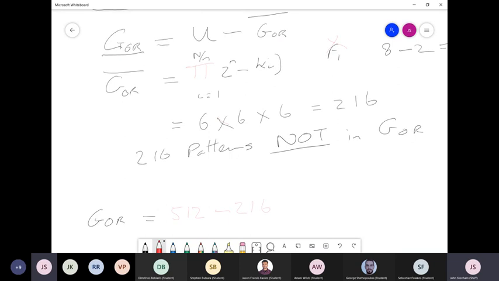And 512 minus 216 is 296, is it? Much larger generalization set. And of course, it's overgeneralizing with that low level. In practice, one would never use t equals 1, because if I go back to the training set, 296 patterns.